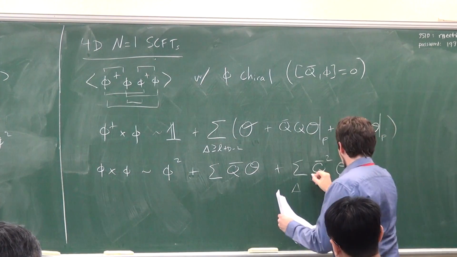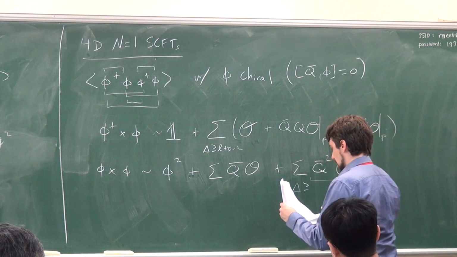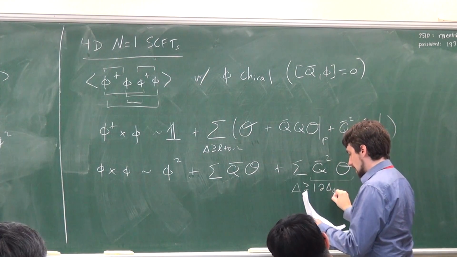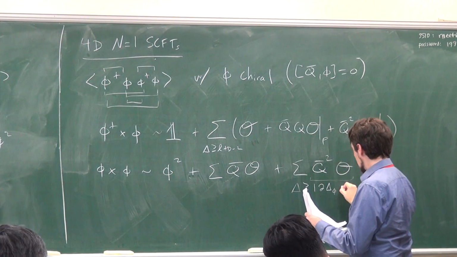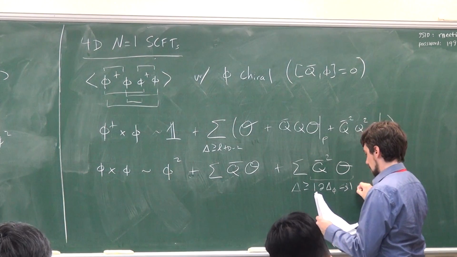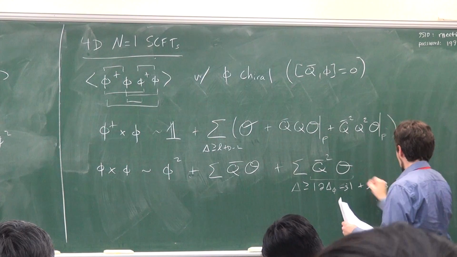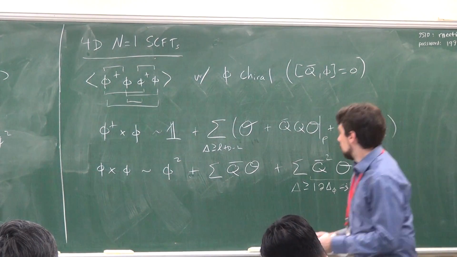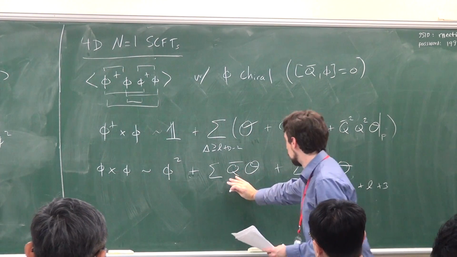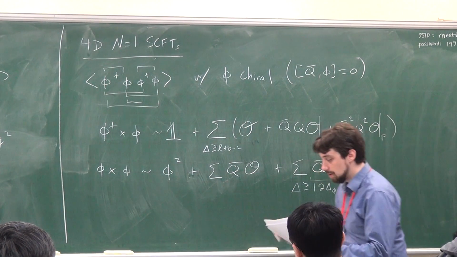So in this case, this operator has to have a dimension bigger than 2 delta phi minus 3 plus L plus 3. There are also operators of this type with one Q bar acting on O.